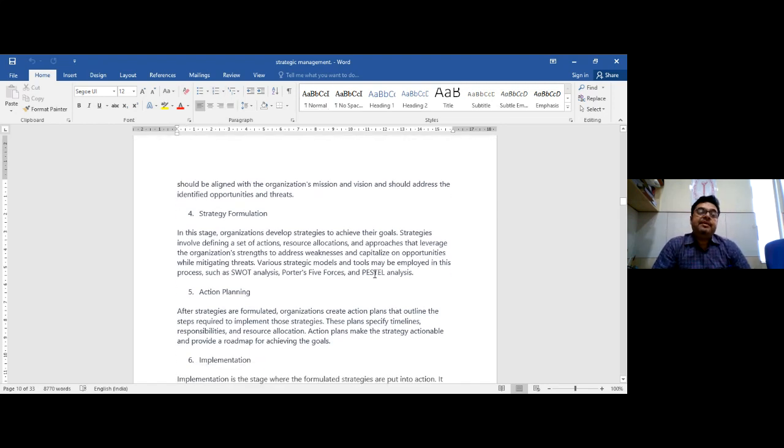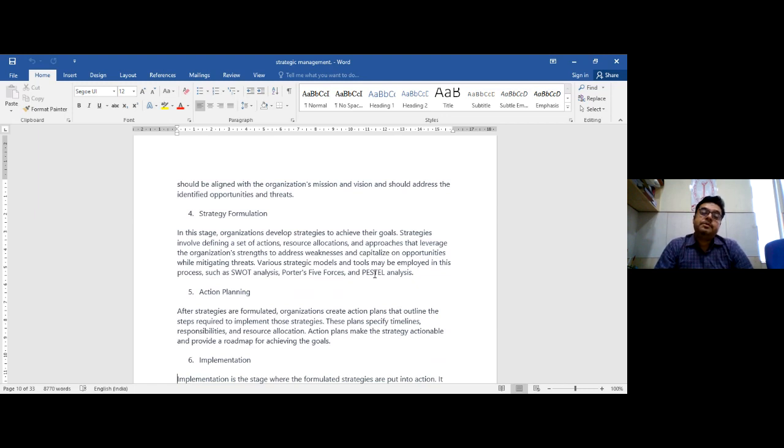Any strategic planning ultimately becomes successful when they are formulated, when they are implemented, when they are executed. And it is at this stage that organizations would develop strategies that would aim at achievement of those goals.